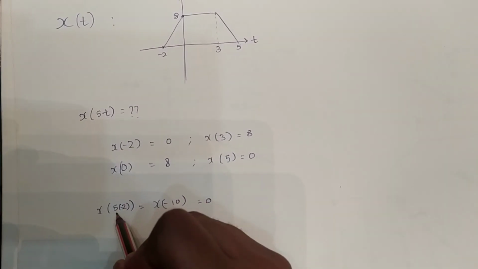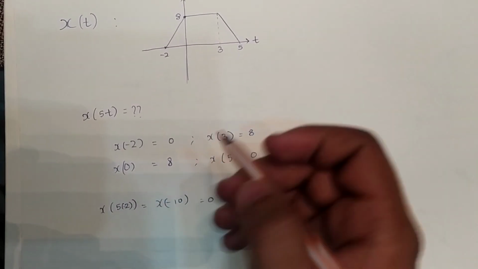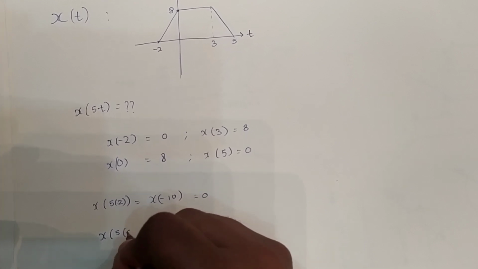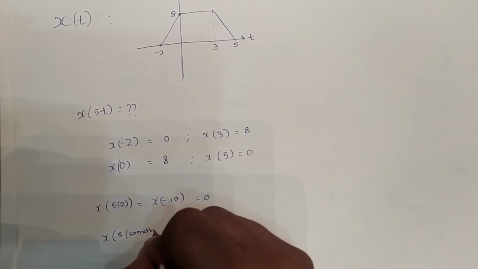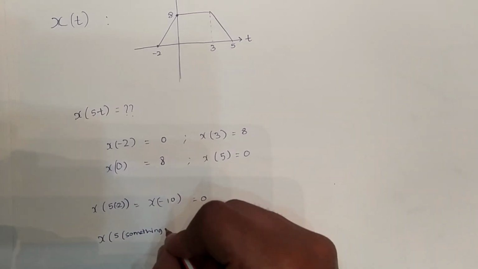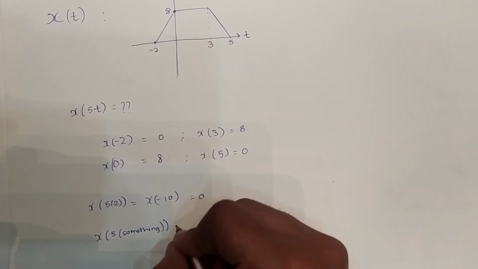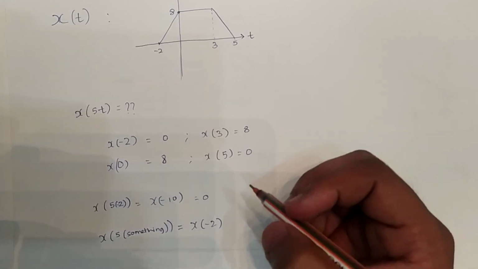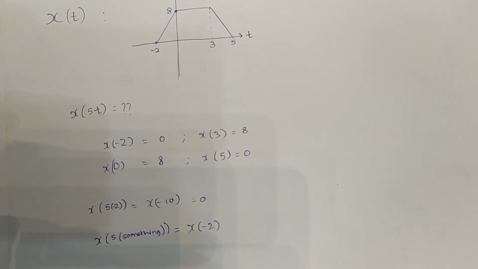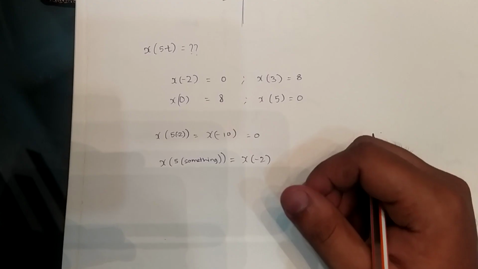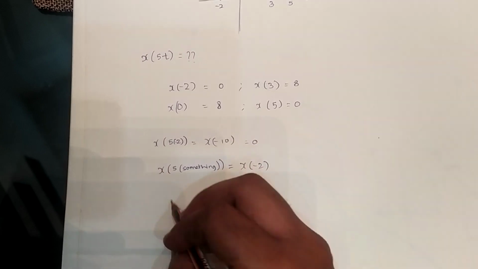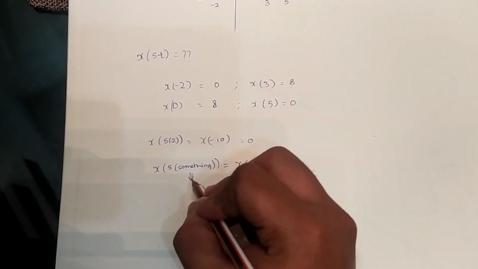That is, x of 5 into something should ultimately give me x of minus 2, right? So that is the basic idea involved here. If you do basic algebra, this something will be minus 2 by 5.